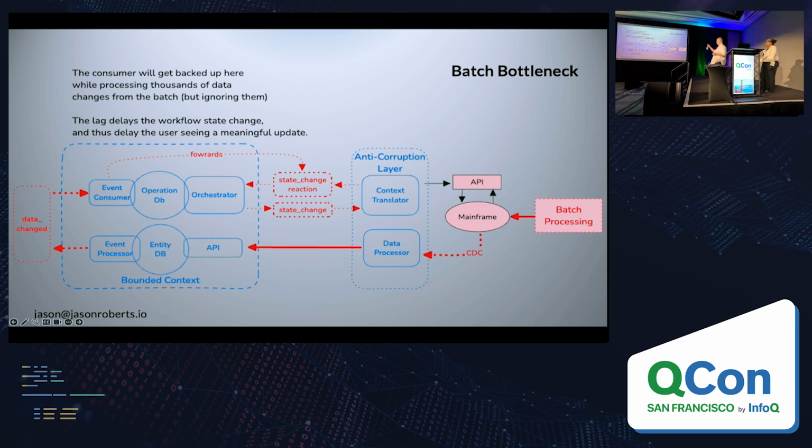And what that ends up looking like is that my pipeline is now backed up by that, represented by that fat red arrow. So if I happen to have an orchestrator that's waiting on one of those statuses to change, it's now backed up because of the lag created by the batch. So that's a thing to keep in mind for when designing a system with batch.